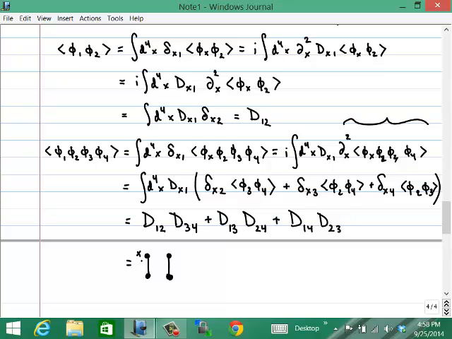And each of the lines is going to denote one of the propagators, D(1,2), D(2,3), D(3,4), and so forth. Okay. So for example, that first term I'll represent as a pair of vertical lines connecting the points x1 and x2 and x3 and x4.